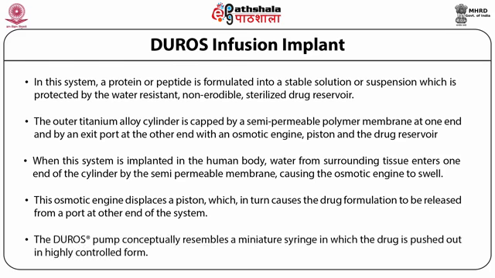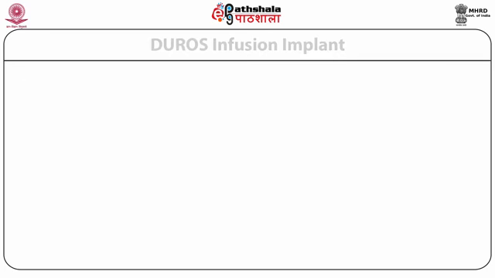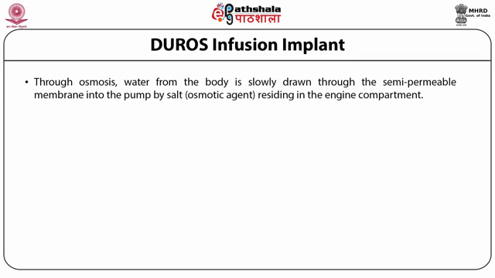The Duros system pump conceptually resembles a miniature syringe in which the drug is pushed out in highly controlled form. Through osmosis, water from the body is slowly drawn through the semi-permeable membrane into the pump by salt, that is an osmotic agent residing in the engine compartment.